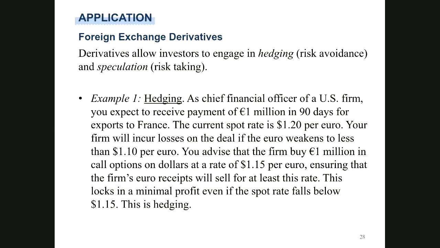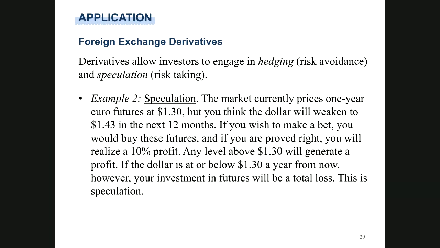Okay, and the books also give you an example of why some people could use the foreign exchange derivative as a tool of hedging and as a tool of speculation. You could go over it by yourself. So the risk will be the key point, right?